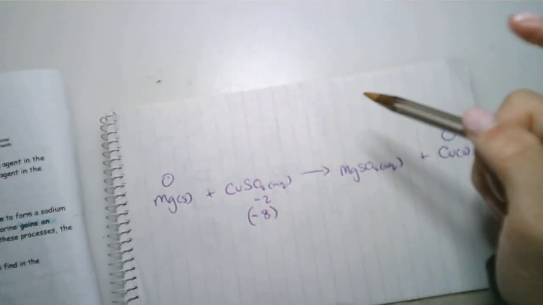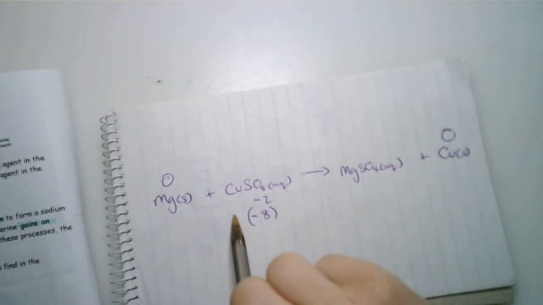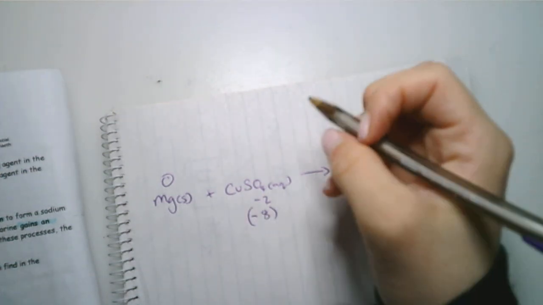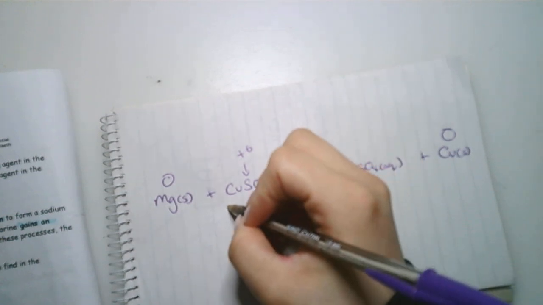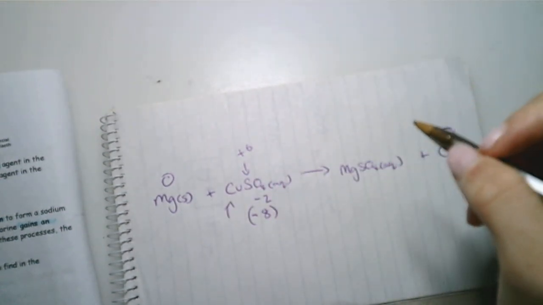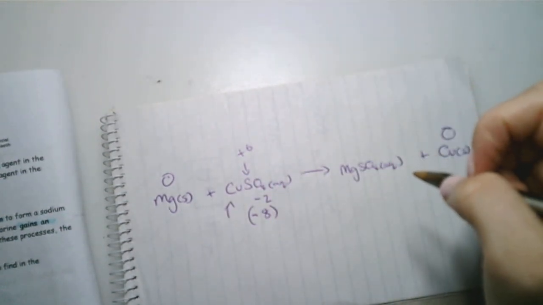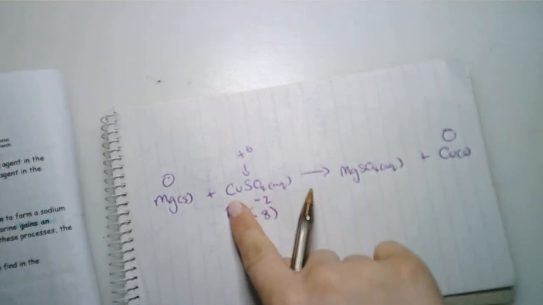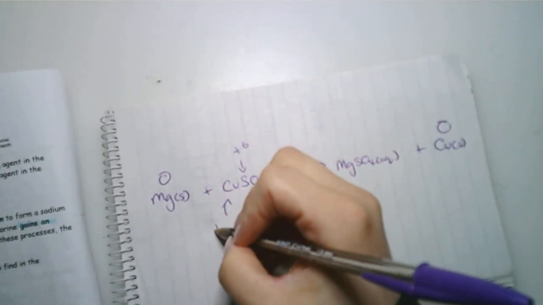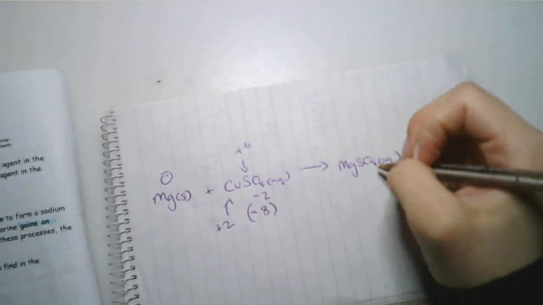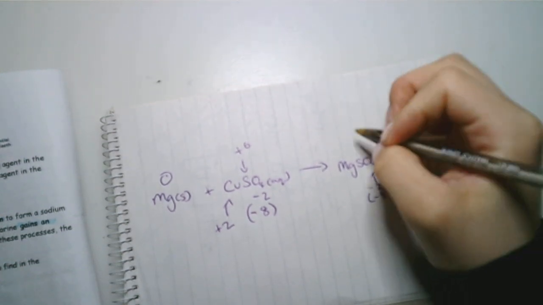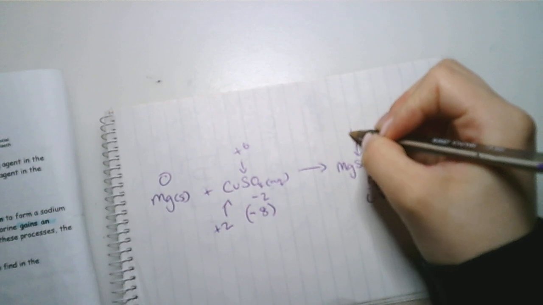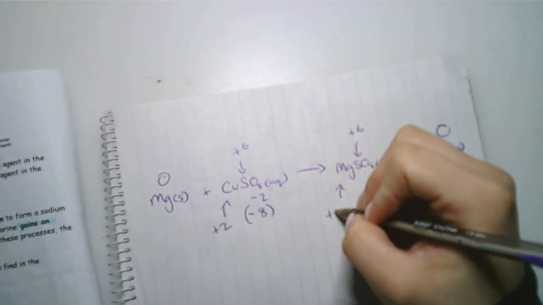Sulfur, because it needs to equal 0, in this case would be a +6, so then for the rest of that, oh sorry, am I looking at the wrong thing anyway? Either way, that would be a +2, and the same for this, that would be -8, that would be a +6, so that would be a +2.